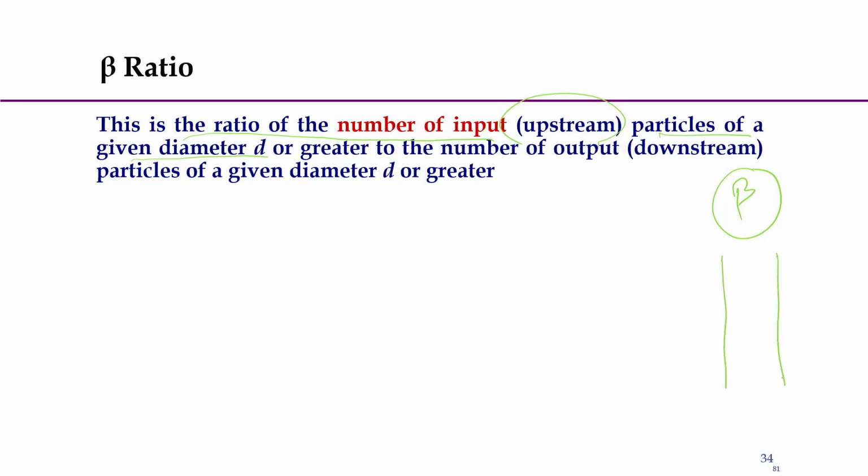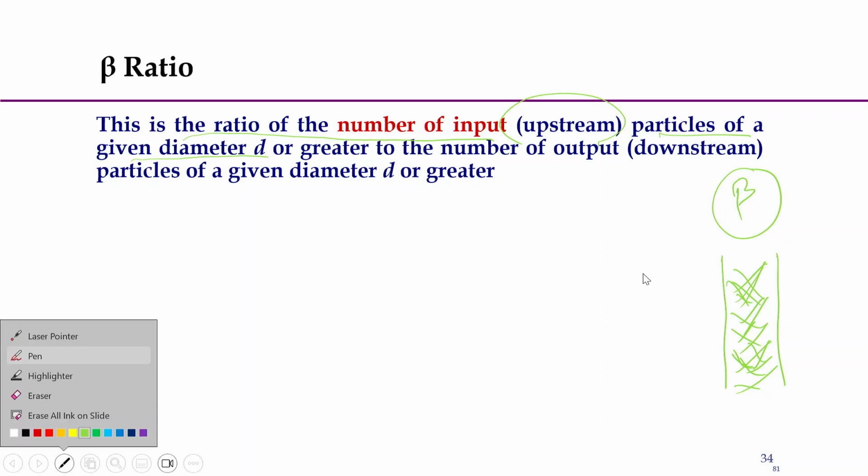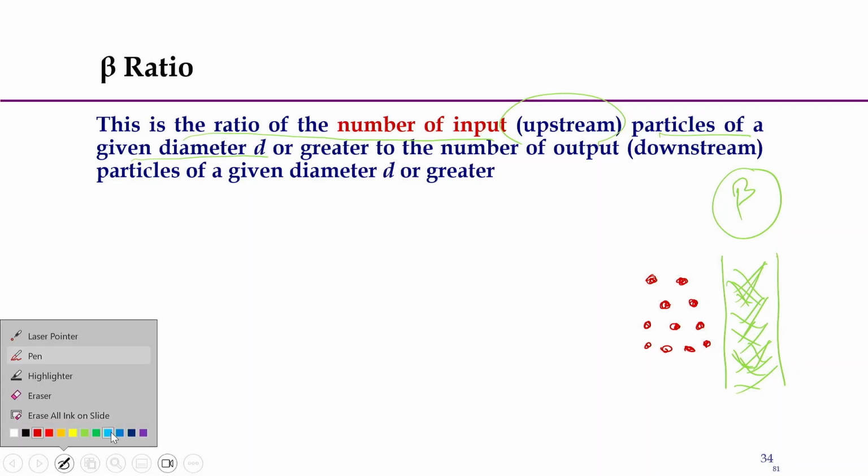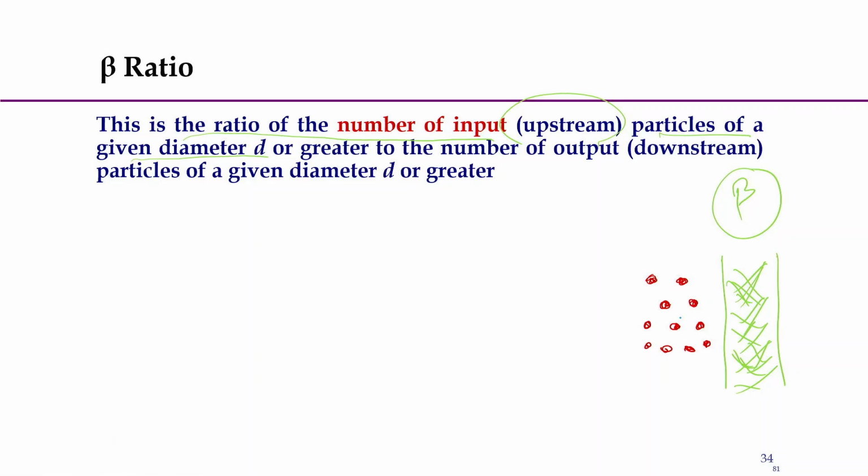Suppose this is the filter media. Now, say two sizes we can consider. This is, say, a 10 micron particle, and another particle which is, say, 1 micron.